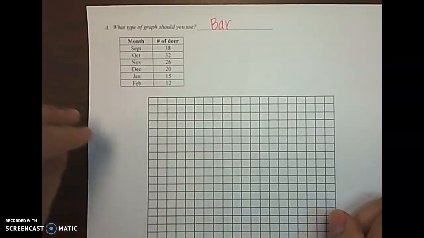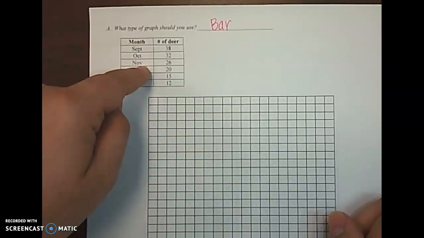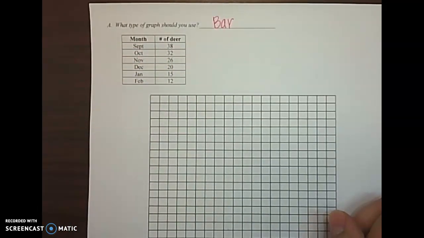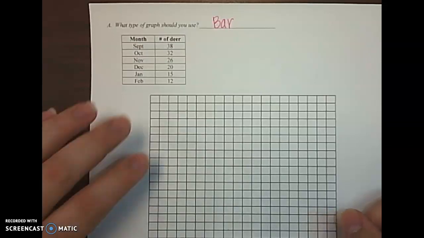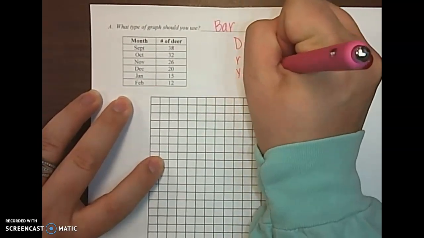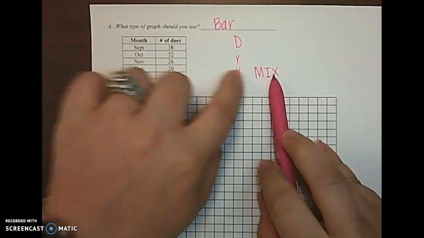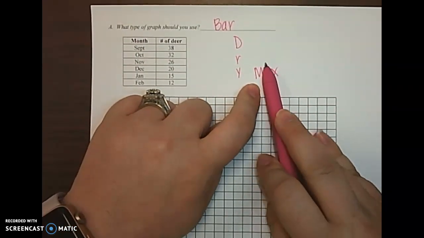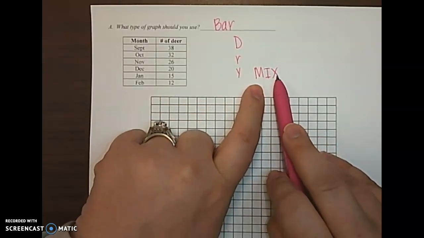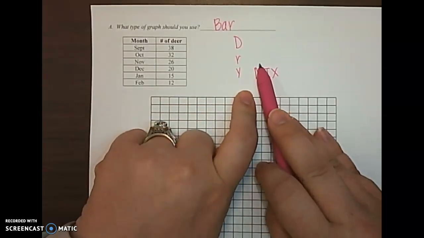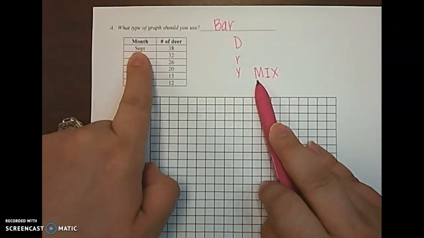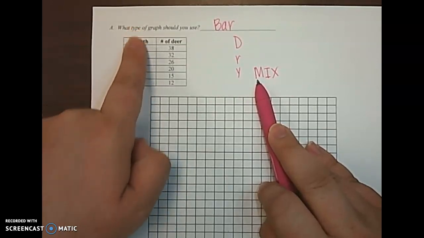So now we need to determine which one is our x-axis and which one's our y-axis. All right, so we know that using dry mix, our independent variable is what is being tested, and that's on the x-axis. It's what's being tested or changed or manipulated. So what's changing is our months.